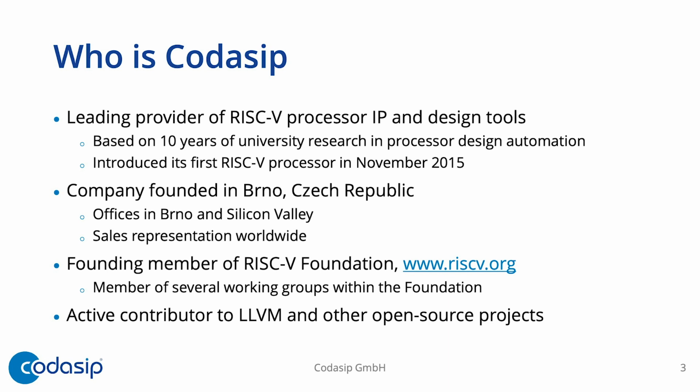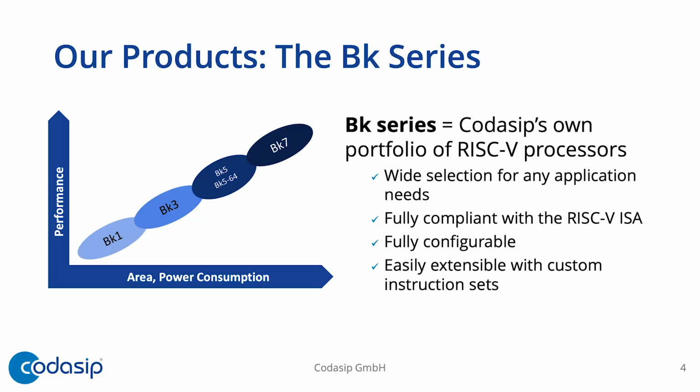So we're active in the open source community, not only LLVM, but mainly LLVM. Focusing on the RISC-V IP and what we offer, we have a family of RISC-V compliant IP called Berkelium, as a tribute to the guys from Berkeley who invented the RISC-V core, ISA to be more precise.